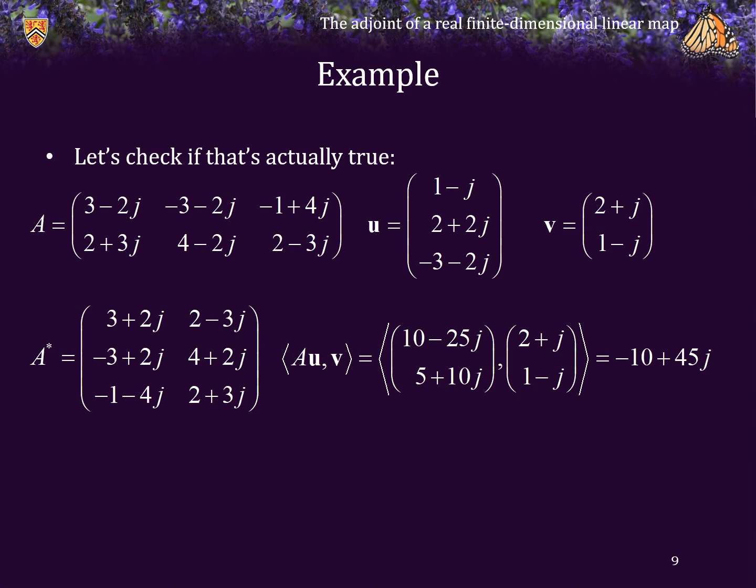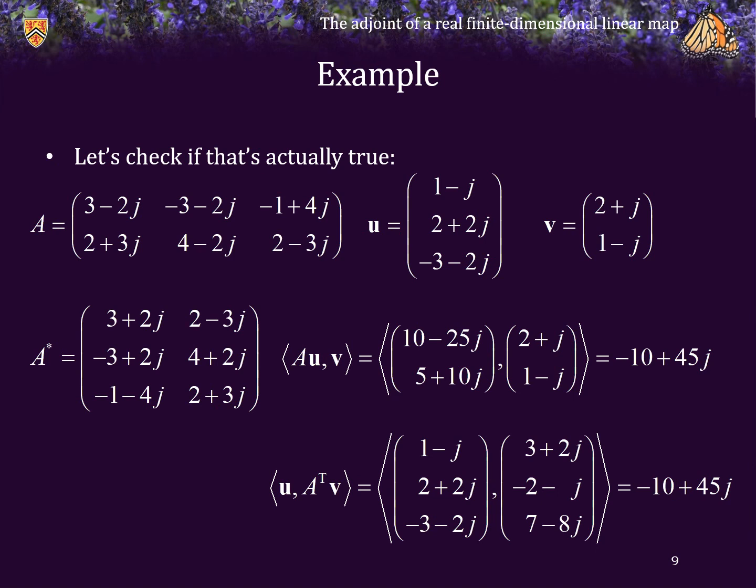Now, taking these two and taking the inner product of them, now is where we must remember to take the conjugates of each of the entries of the first vector. So to calculate the inner product, what we will actually do is multiply 10 plus 25j times 2 plus j and add to that 5 minus 10j times 1 minus j. And the result is negative 10 plus 45j, which you can check out yourself.